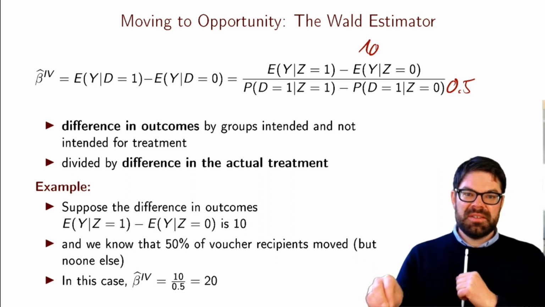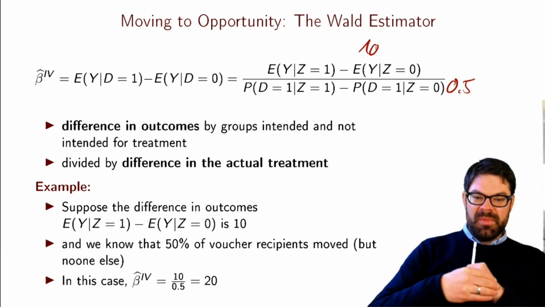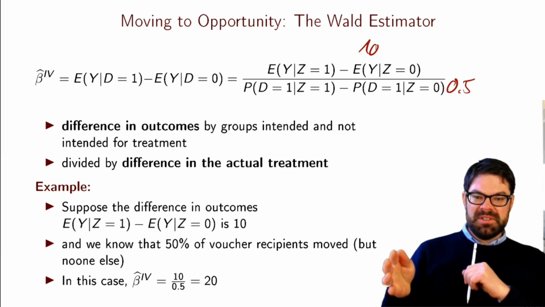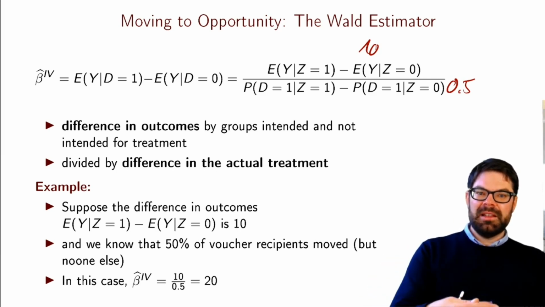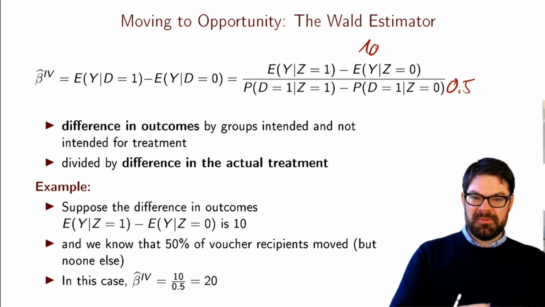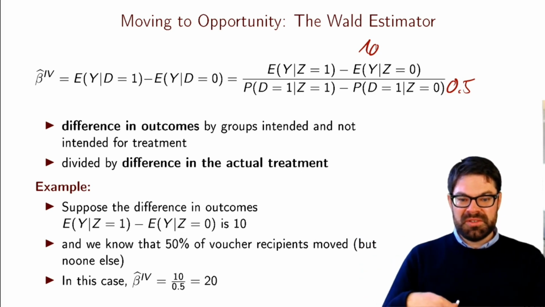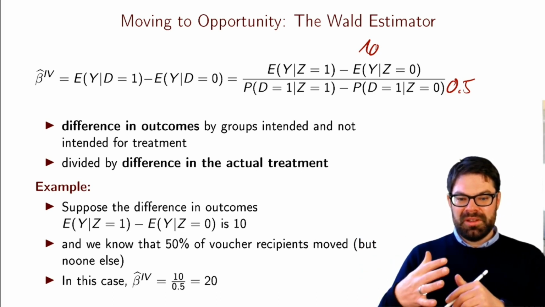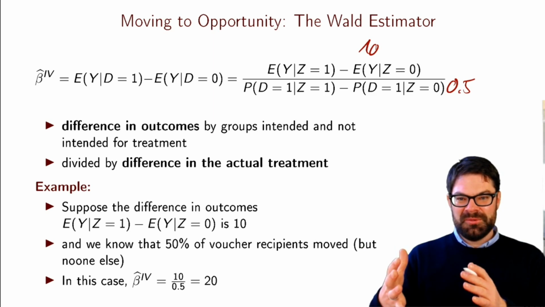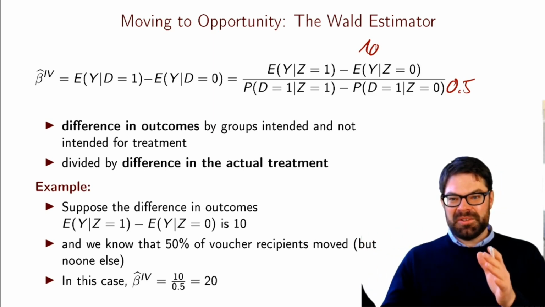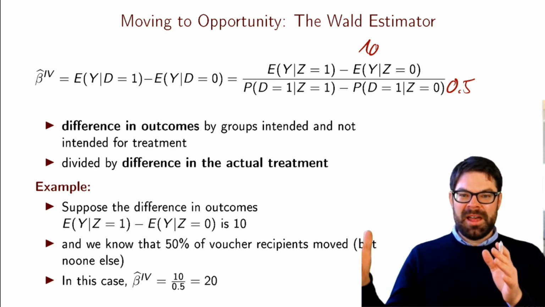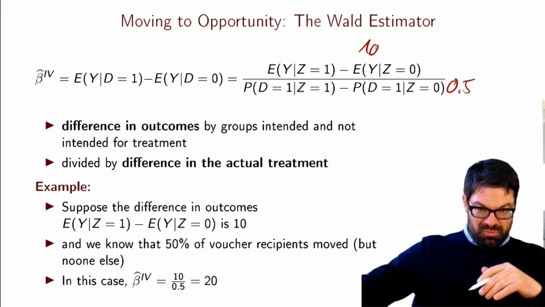Why? Because here what has been randomized is the incentive, but obviously people may differ in their likelihood of responding to that incentive. So for some people, it's way more beneficial to move than for others. And so we only then observe the difference in outcomes, or the favorable outcomes, for those people who eventually moved.